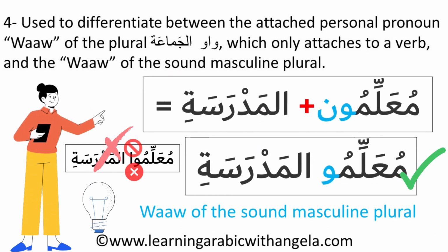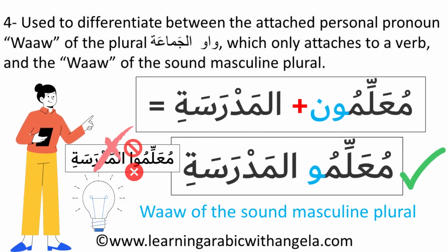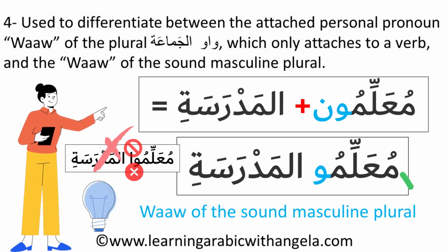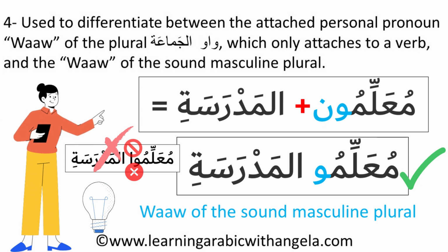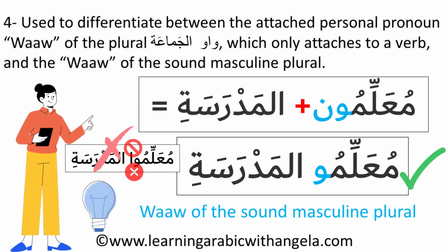Remember when I told you that the waw and alif suffix always come with a verb and never a noun? Well, the second reason that we use the differential alif is to differentiate between the attached personal pronoun waw of the plural, or waw al-jama'a, which only attaches to a verb, and the waw of the sound masculine plural, واو جمع المذكر السالم.